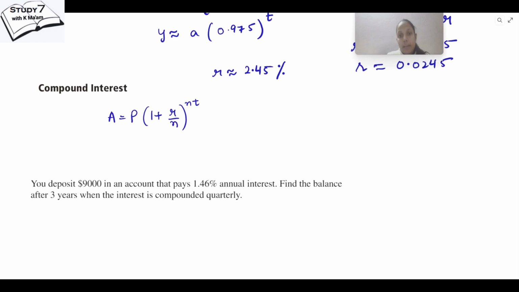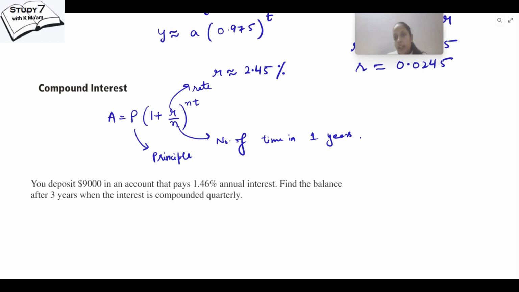P is the principal, r is the rate, n is the number of times it compounds in 1 year, and A is the total amount including the interest.